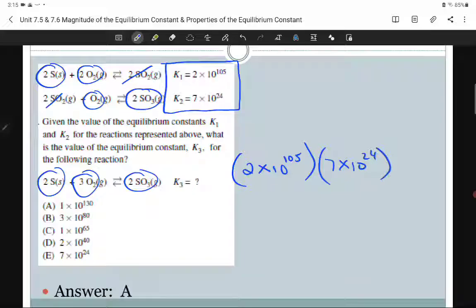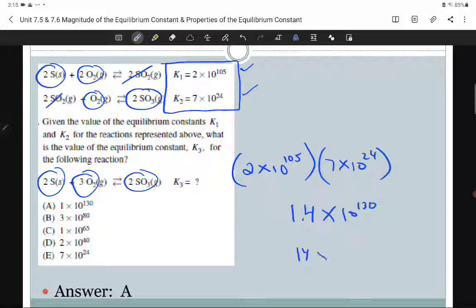And we didn't have to do anything to either of these reactions, so we didn't have to do anything with these individual K's. 2 times 7, 1.4 or 14, and then 10 to the 105 and 10 to the 24th would get you 10 to the 129, but remember that I already flipped that from 14 down to 1.4, so we have to also reflect that here.